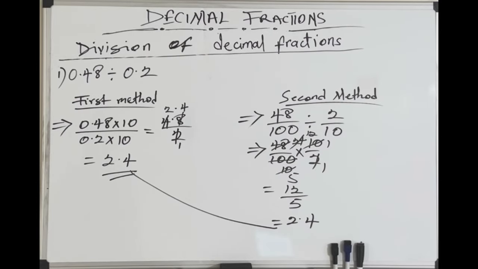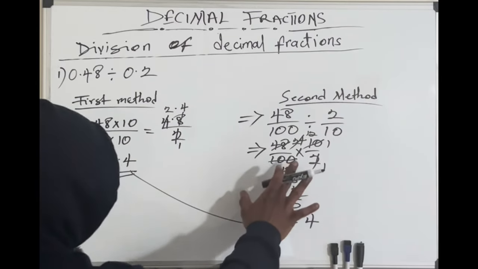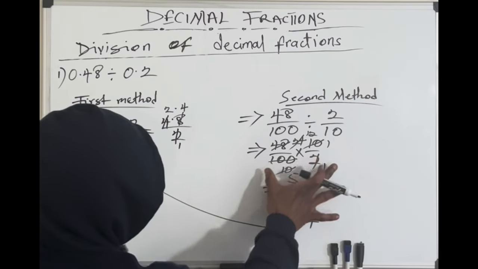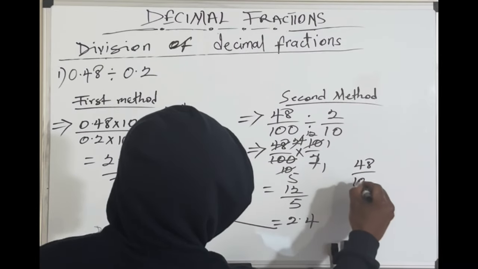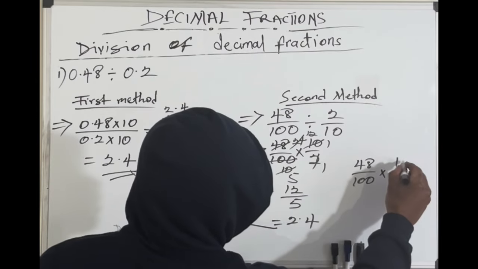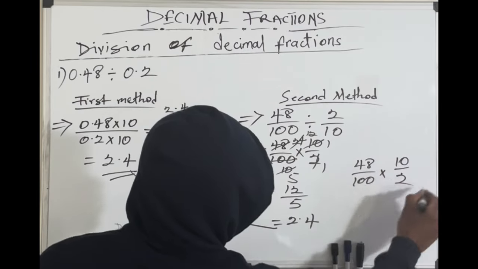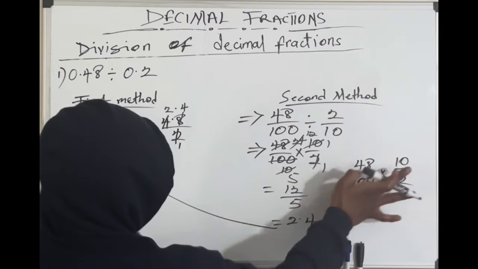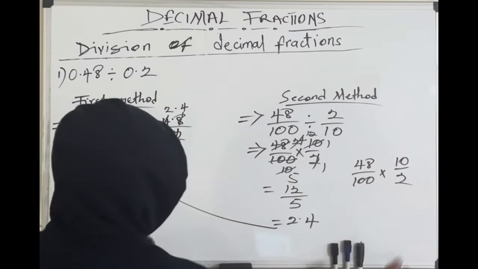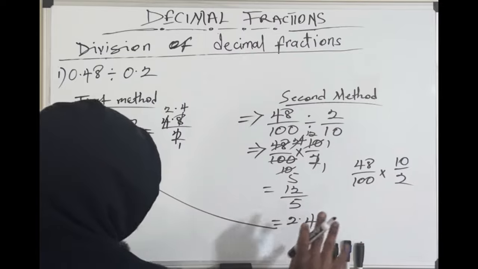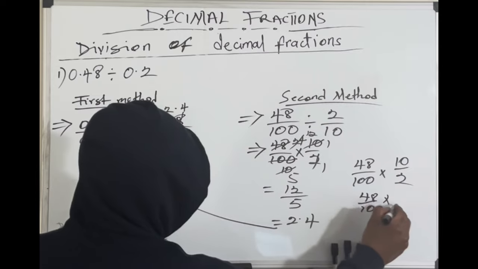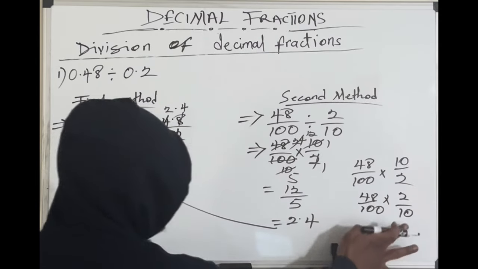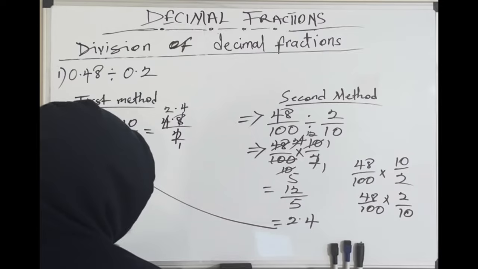I think people will be thinking, you said earlier if we are multiplying with decimal fractions, we should multiply the numerators and then the denominators. For 48 over 100 times 10 over 2, if it was the other way around, 48 over 100 times 2 over 10, then that's what we would be doing.